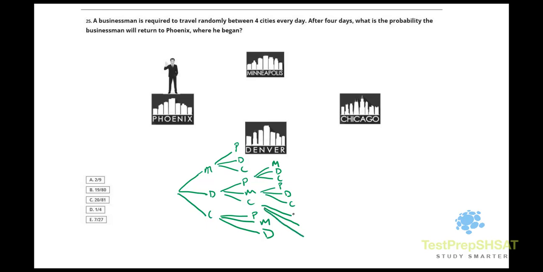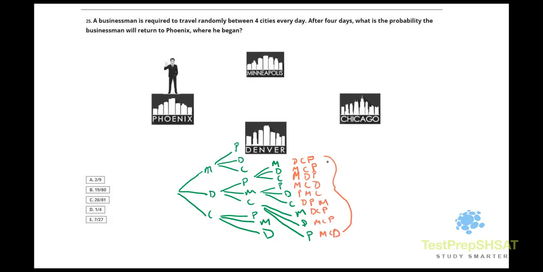I know we're running out of space, but from here, on his last step, from Minneapolis he could go to Denver, Chicago, or Phoenix, or from Denver to Minneapolis, Chicago, or Phoenix, and from Chicago to Minneapolis, Denver, or Phoenix.